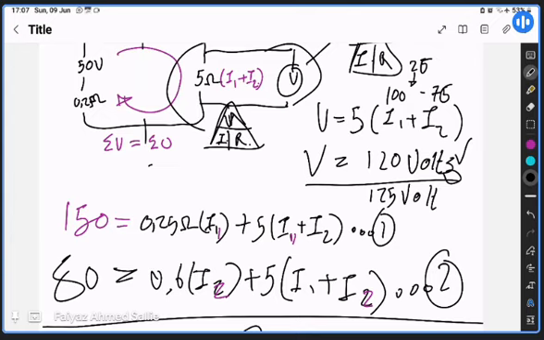Wait, no, it's this calculator. 5 times 20 is 100. So 5 times 25 is 125. Yeah, it's the calculator I'm using. Sorry about that. So the correct answer is 125.